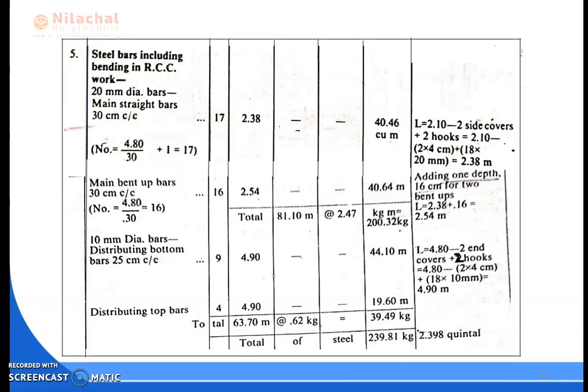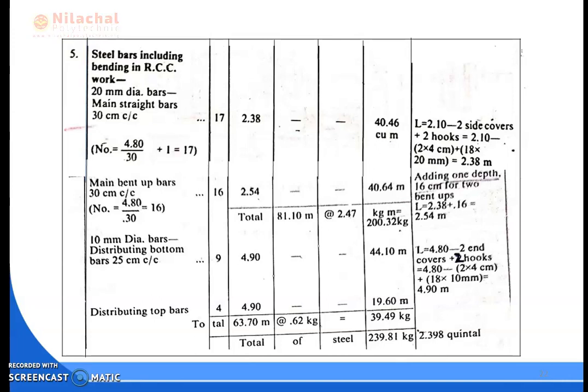Suppose 33 bars are defined, or 32 bars. After that we divide by 2. Then 16 and 16 we get equally. But in case of the main straight bar, we add an extra 1 compared to the main bent up bar.